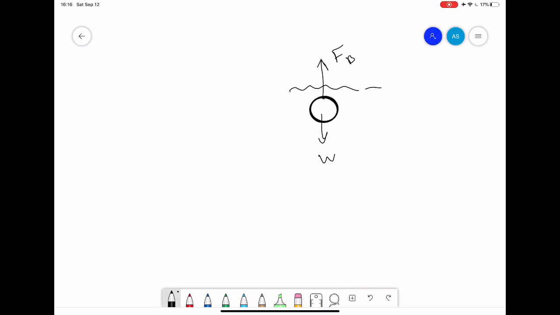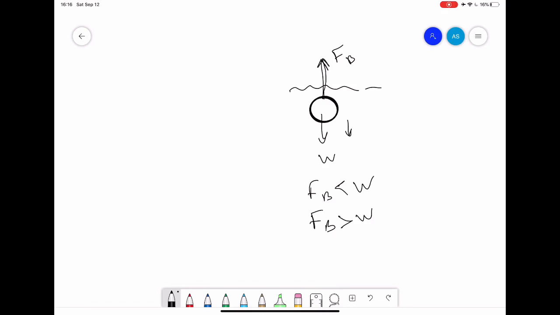If the buoyant force is smaller than the weight, then the object will start sinking. If the buoyant force is greater than the weight, then the liquid will push the ball upwards.